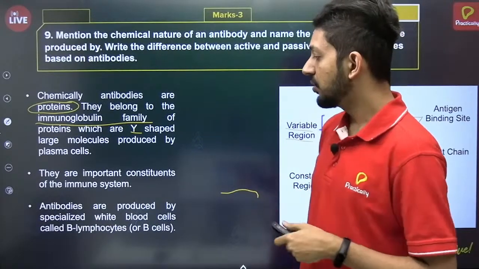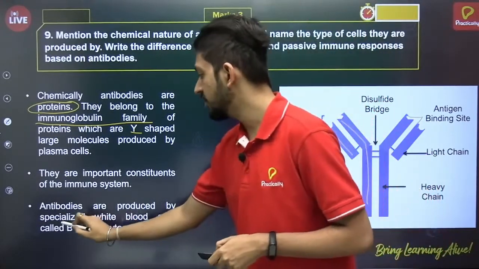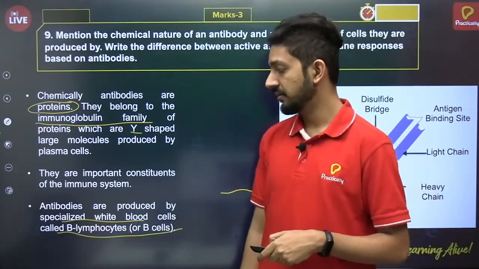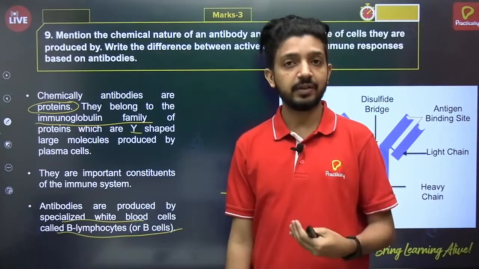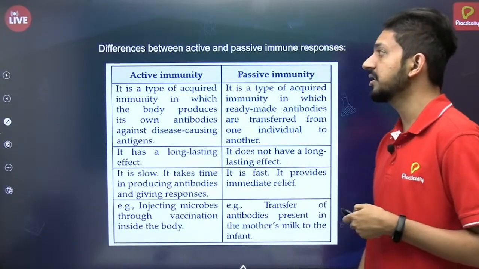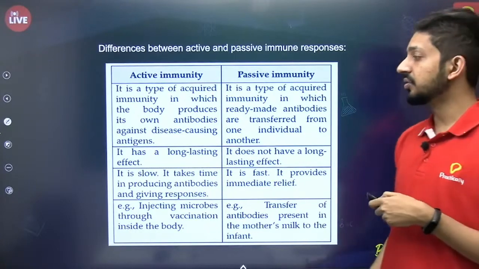They are produced by specialized white blood cells called B lymphocytes or B cells. Whenever they get activated, they produce antibodies. And here is the difference between active and passive immune responses.